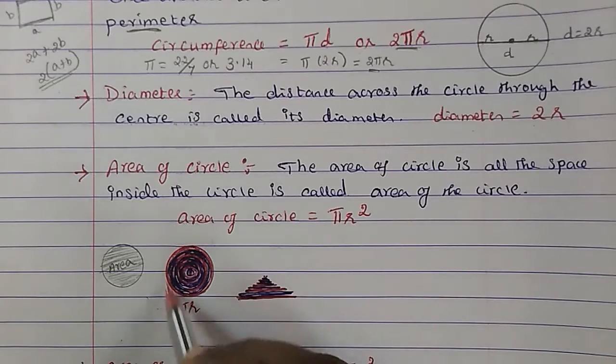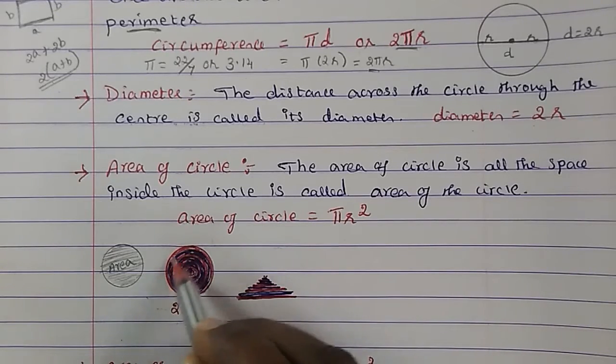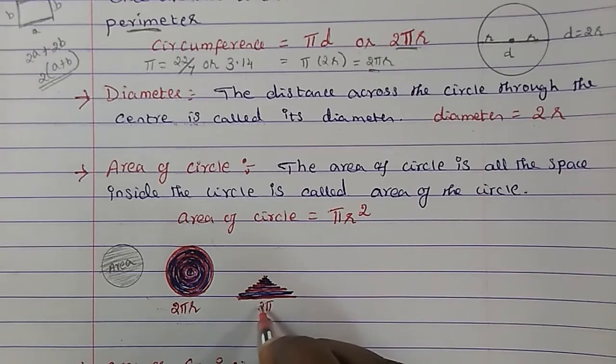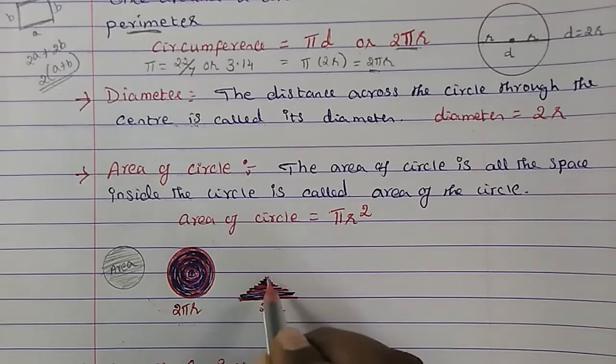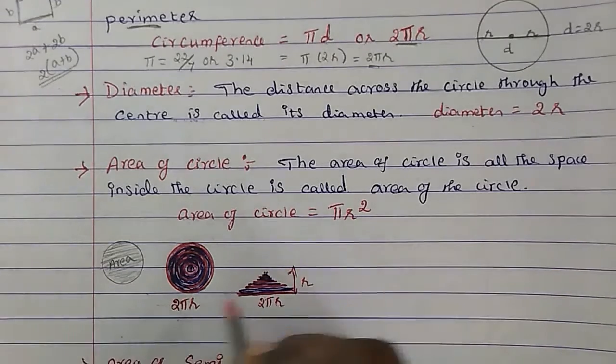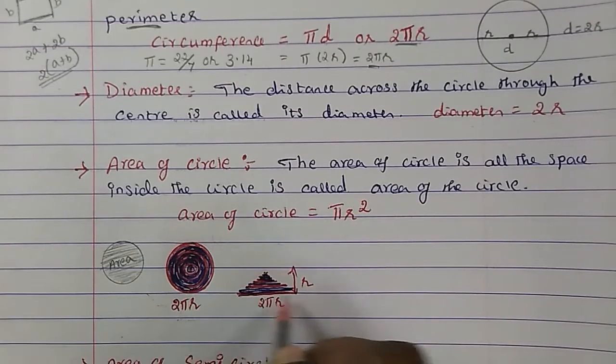We already know that the thread I cut open is 2 pi r, and this becomes the height. So what is the height actually? The radius. Because when I cut open and put it straight, this is the circumference, 2 pi r.